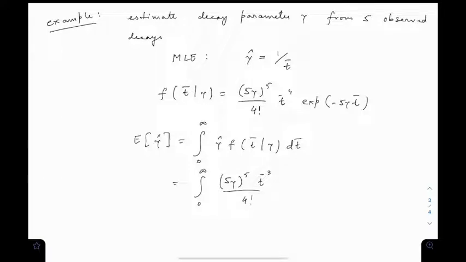Notice that one power of t bar is cancelled by gamma hat, because gamma hat is 1 by t bar.